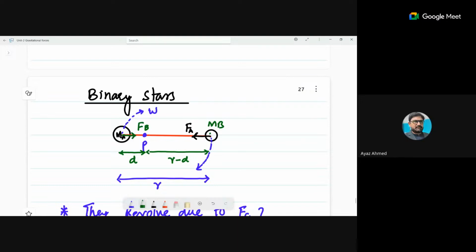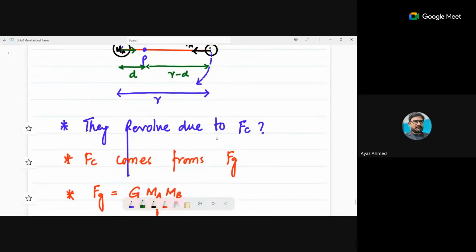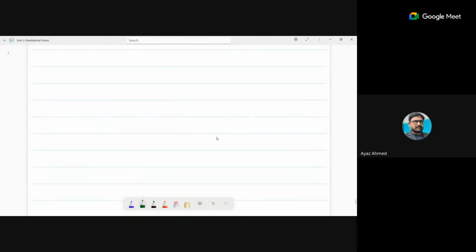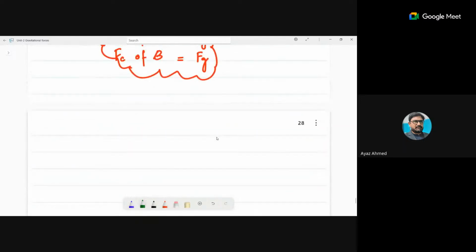So importantly, when we say that they have the same FG, there are several calculations in the questions.